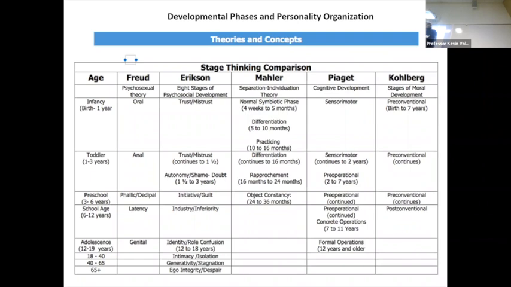Mahler is a psychoanalytic thinker who based a lot of her work on observation of infants. She breaks down the early stages into sub-phases, and these are very important for the object relations material we're going to talk about later. Margaret Mahler was very influential on most of the object relations theorists. So we'll get into these a bit later.